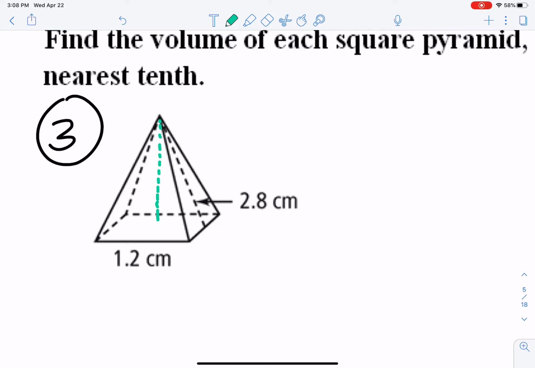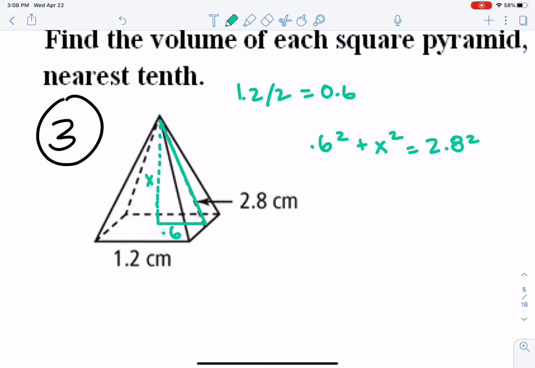I need to find this height right here. I do know this distance is 0.6, or 1.2 cut in half. And so I can do the Pythagorean theorem to find that missing x. So I have 0.6 squared plus x squared equals 2.8 squared. That 0.6 squared is 0.36, and the 2.8 squared is 7.84.